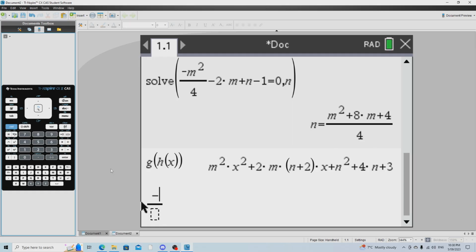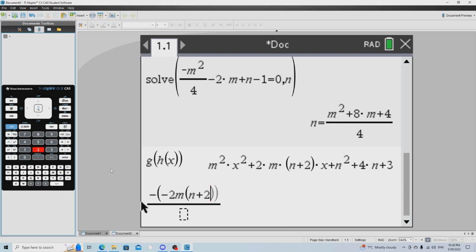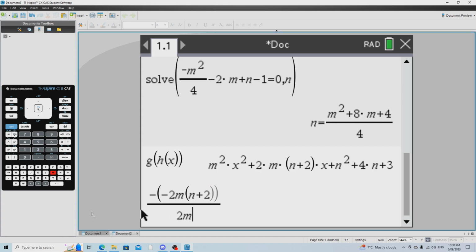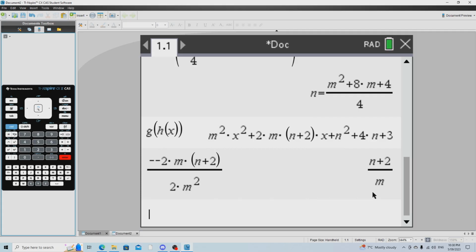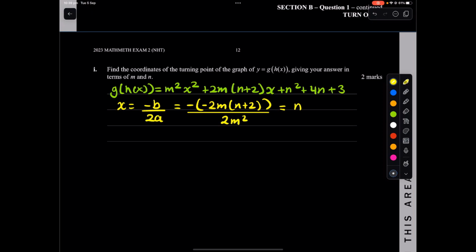What's the negative of negative 2m(m plus 2) over 2m squared? That gives you m plus 2 over m.